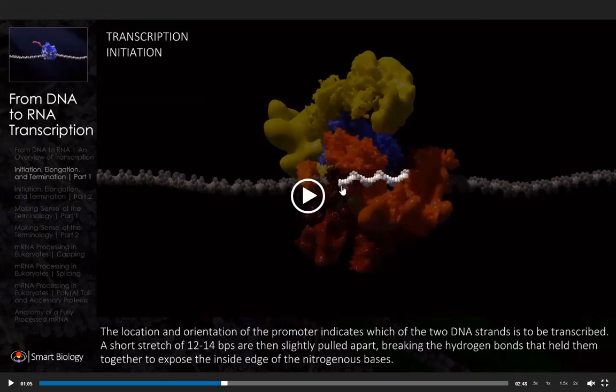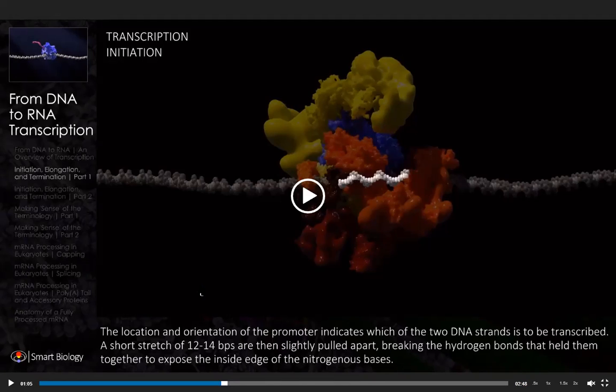And since the DNA is double-stranded and it has these hydrogen bonds between the two strands, they need to be separated, right? Because only one strand is transcribed. So this separation of the two strands is also something very interesting. 12 to 14 bases are then slightly pulled apart. The hydrogen bonds that hold them together will be broken.